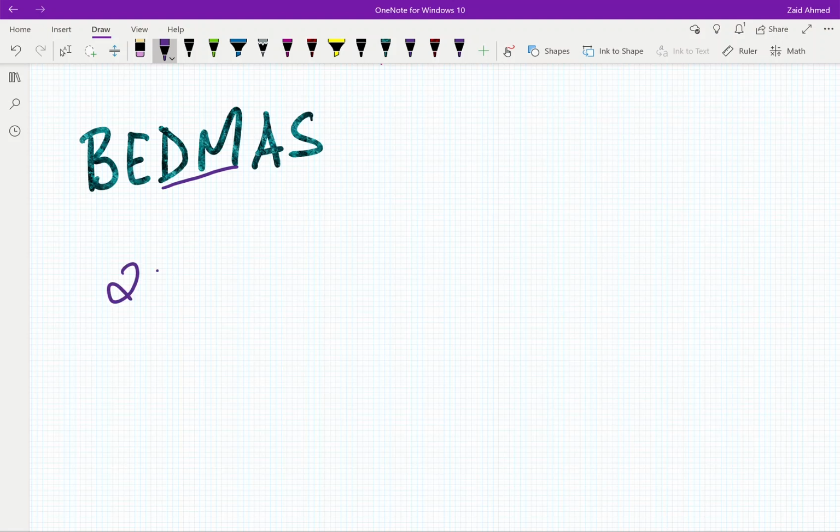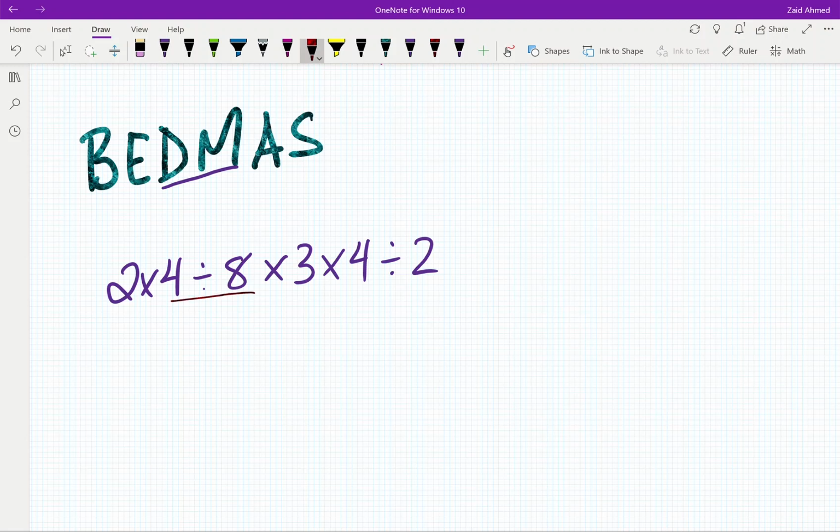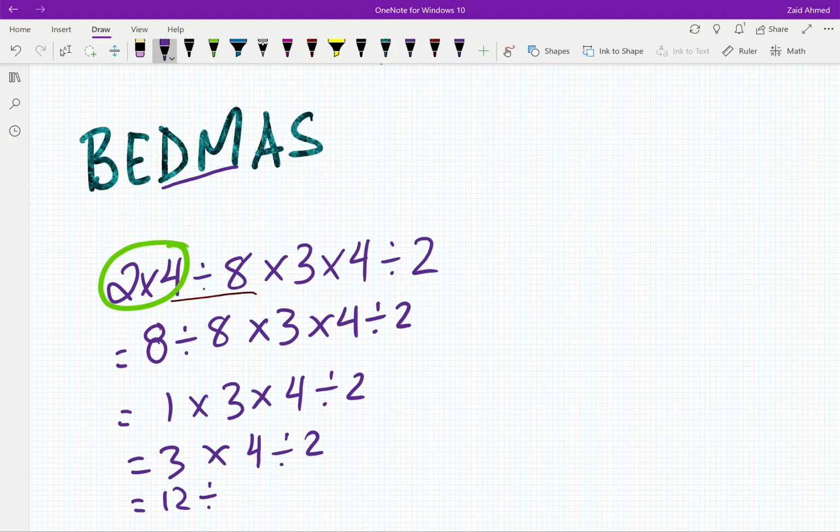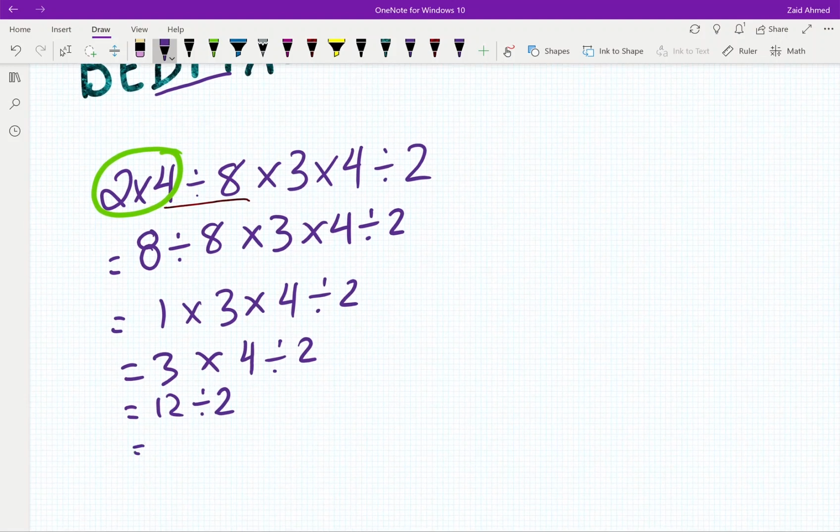So if you had something like 2 times 4 divided by 8 times 3 times 4 divided by 2, we don't have to do this one first. It is possible for us to do this first. So we could actually do 8 divided by 8 times 3 times 4 divided by 2, which would be 1 times 3 times 4 divided by 2, 3 times 4 divided by 2, 12 divided by 2, which is equal to 6.